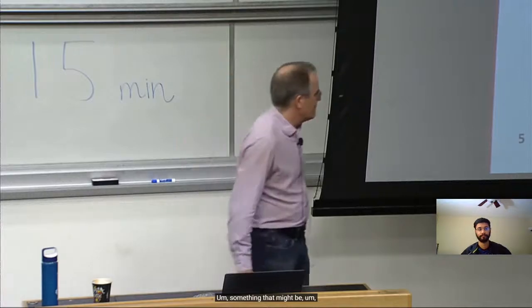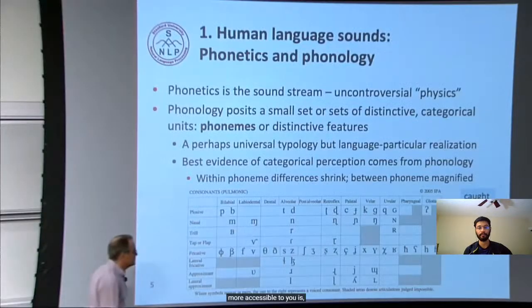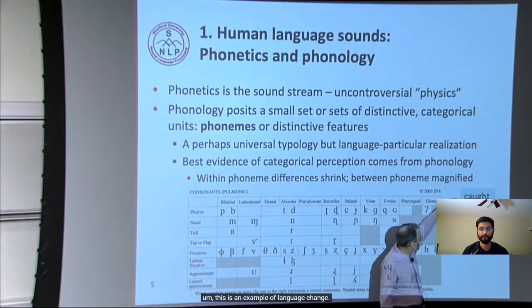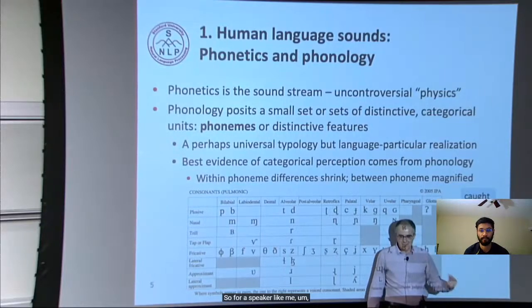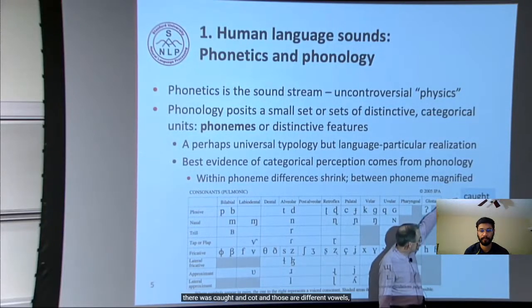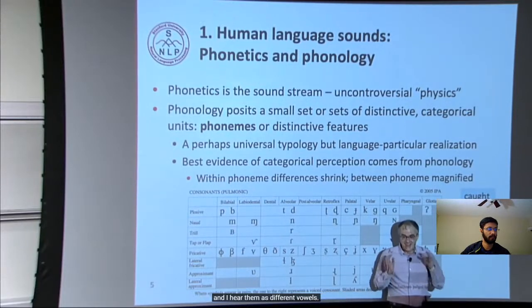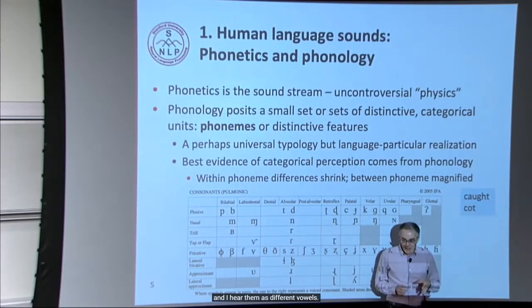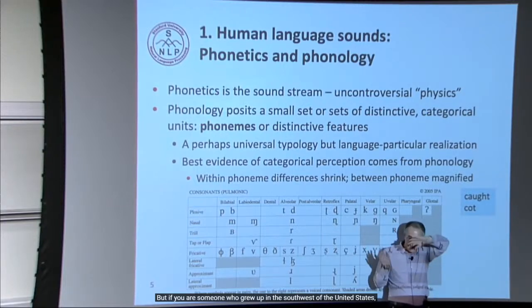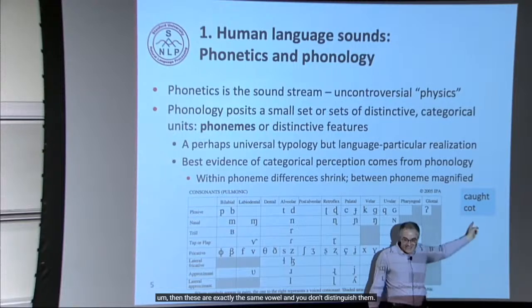Something that might be more accessible to you is an example of language change. For a speaker like me, there is court and cot, and those are different vowels, and I hear them as different vowels. But if you grew up in the southwest of the United States, then these are exactly the same vowel and you don't distinguish them.